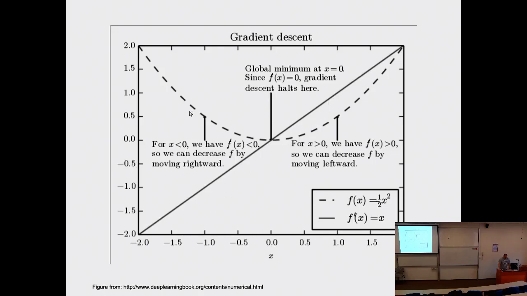For x smaller than 0, our gradient is negative. That means we're downward sloping. For x larger than 0, our gradient is positive, so that means we should go leftward. So this should be familiar from your calculus class. Any questions here?